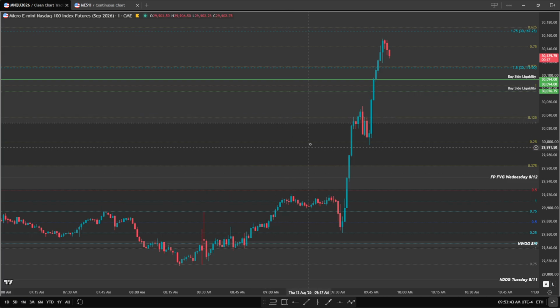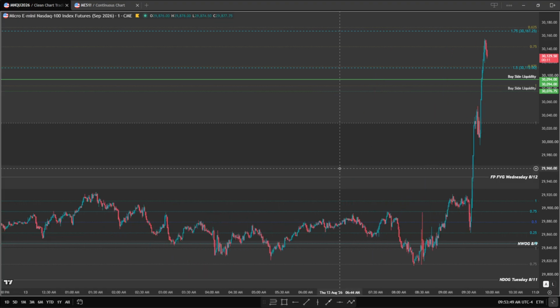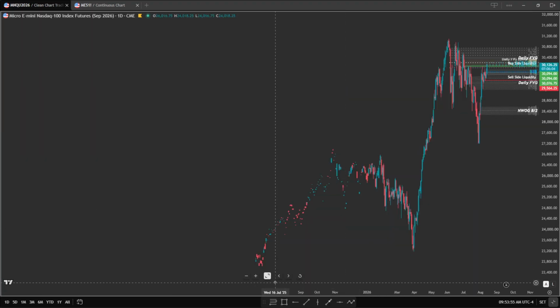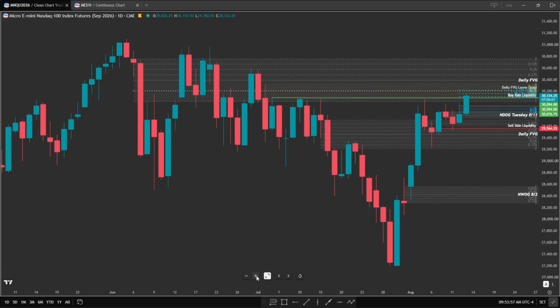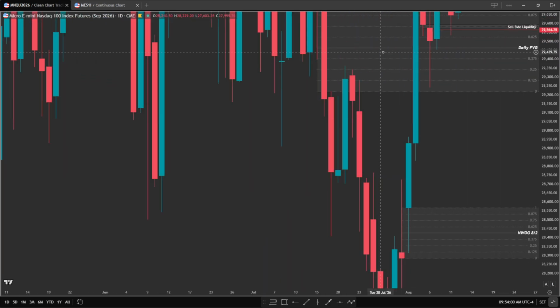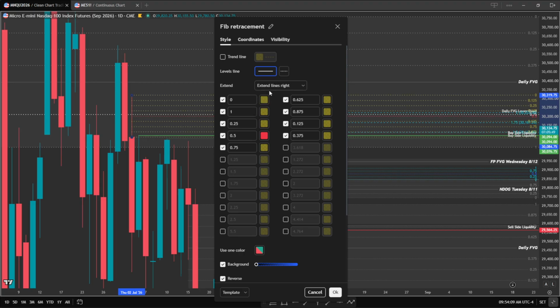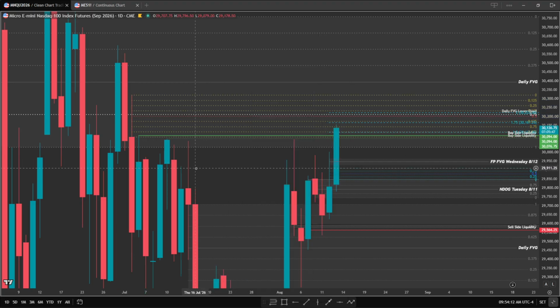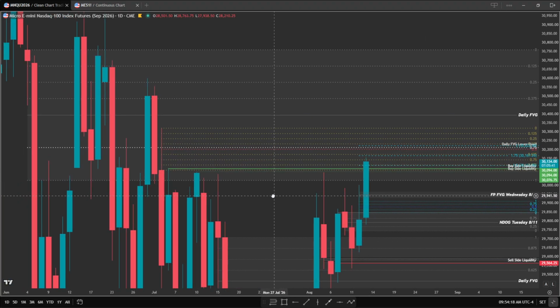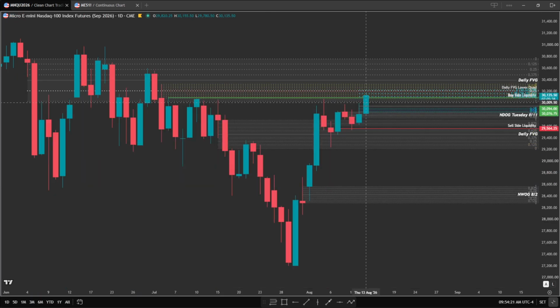I get rid of this daily wick now. Got this wick graded because it's above the liquidity and it is, pull this back out.